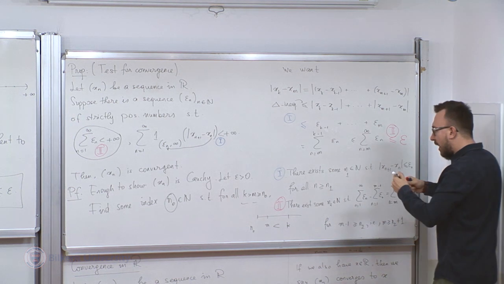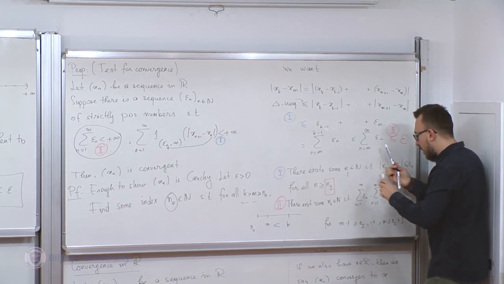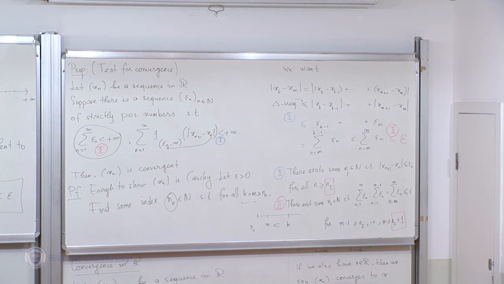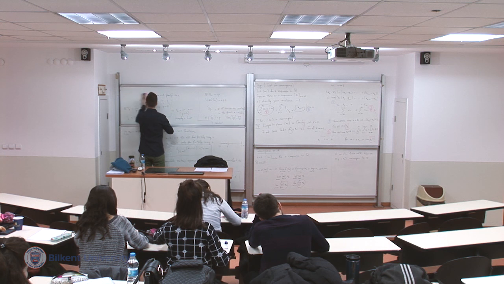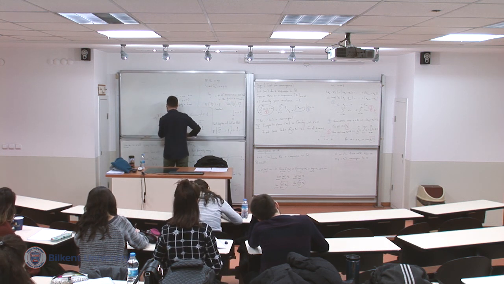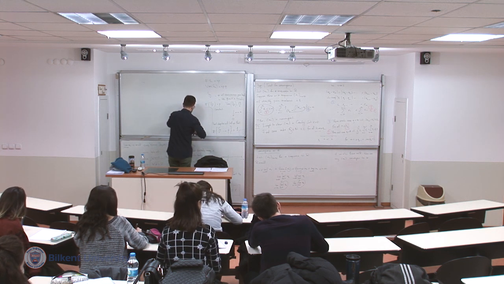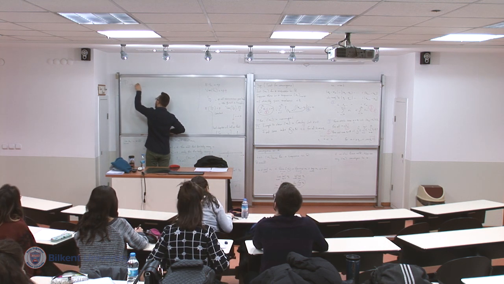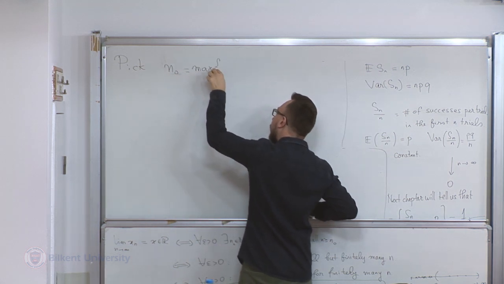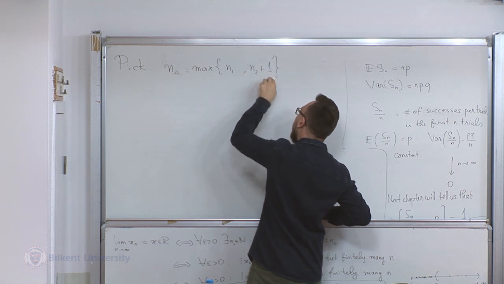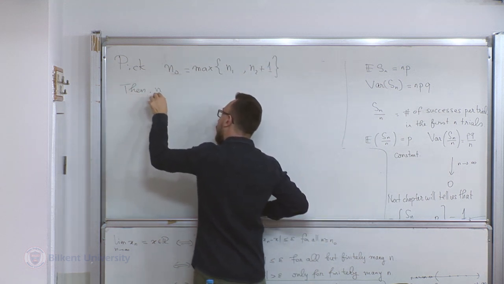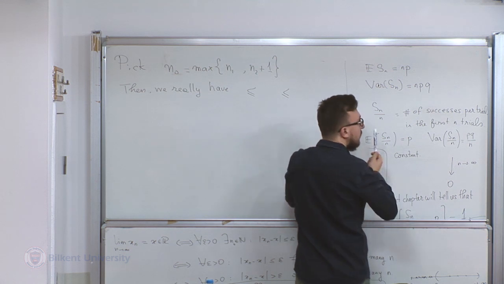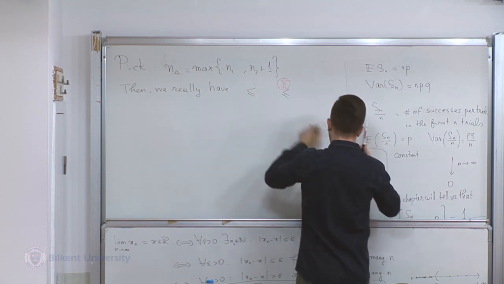So if we pick our n0 as the maximum of n1 and n2 plus 1, then we really have these inequalities with number 2 and number 1.